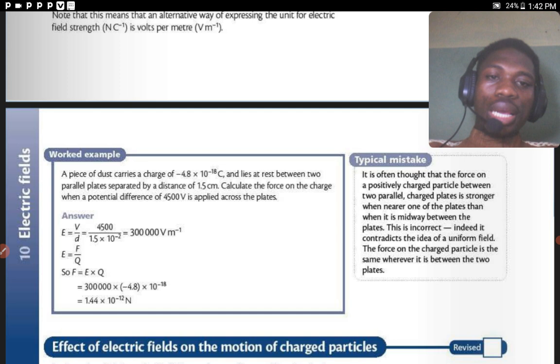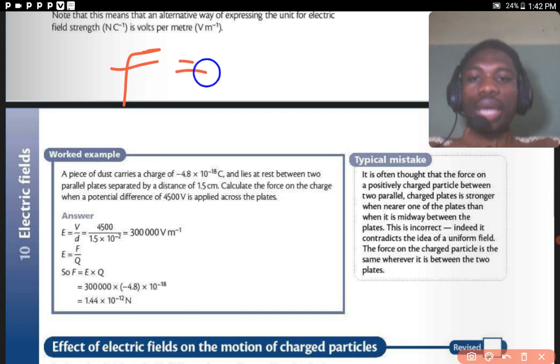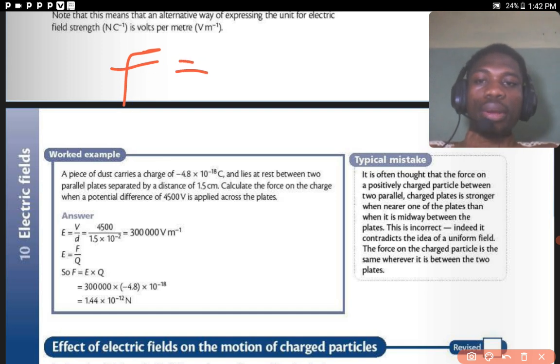Calculate the force on the charge when a potential difference of 4,500 volt is applied across the plates. So now what do we have? We want to calculate the force. We are being given the charge in coulomb, and we are being given the potential difference.